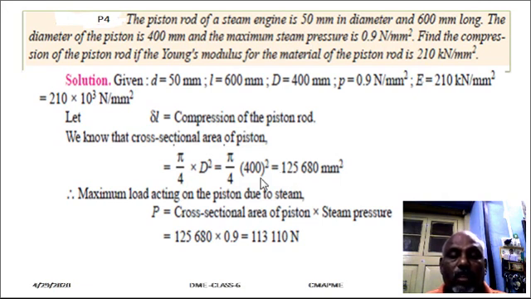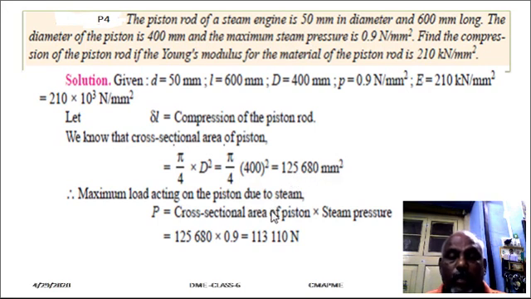For that, first we have to calculate the cross-sectional area of the piston. That is equal to pi D square divided by 4, where capital D is 400 mm. We get 125680 mm square.